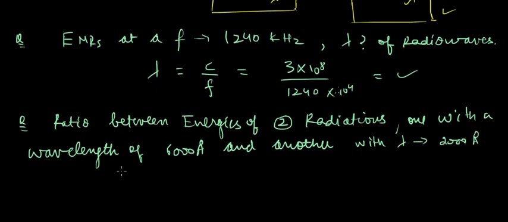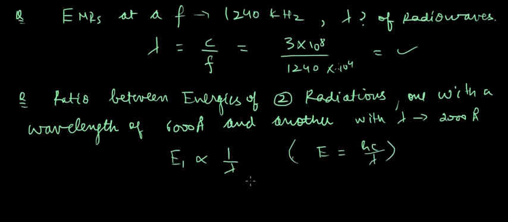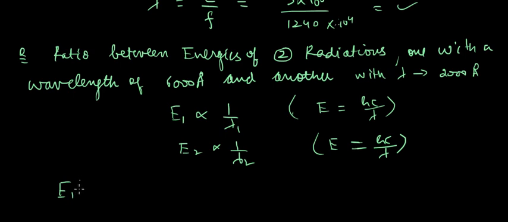We know that energy equals hc by lambda, so energy is inversely proportional to lambda. E1 would be hc by lambda 1, and E2 is equal to hc by lambda 2. So the ratio between E1 and E2 would be the ratio between lambda 2 and lambda 1.